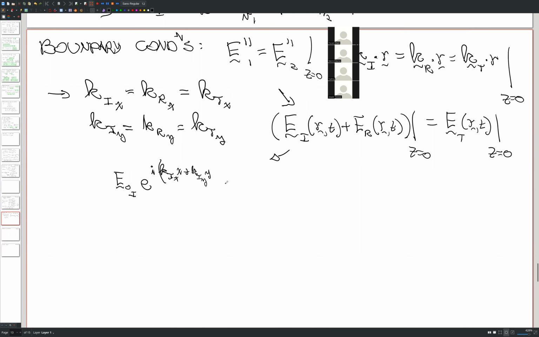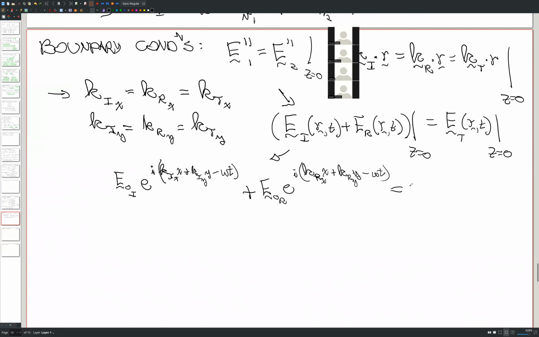So I'm going to write this as k incident x times x plus k incident y times y, minus omega t, plus now the reflected bit, which is E_0 reflected times e to the i, k reflected x component times x plus k reflected y component times y, minus omega t.